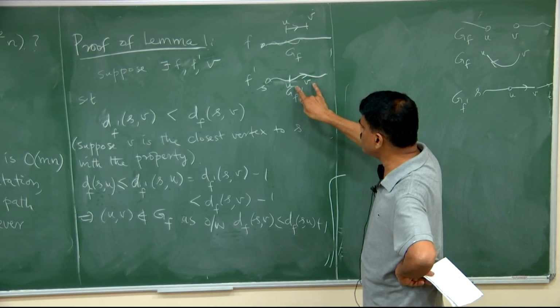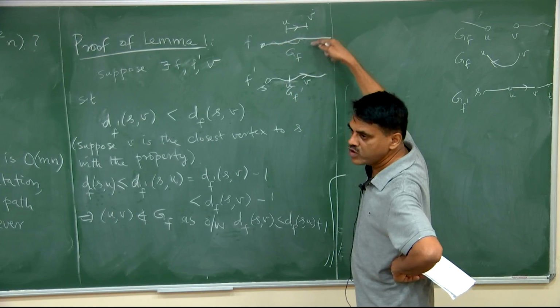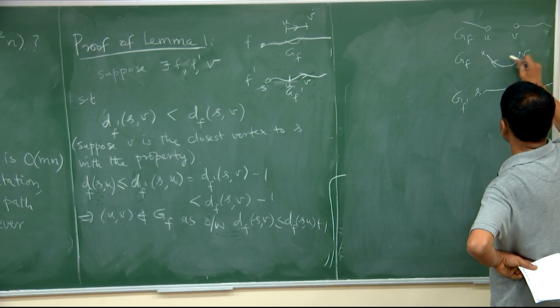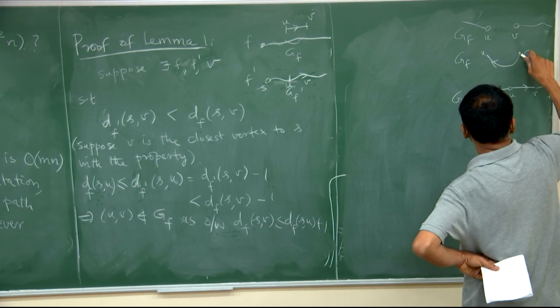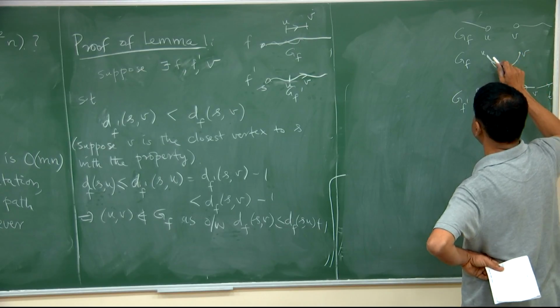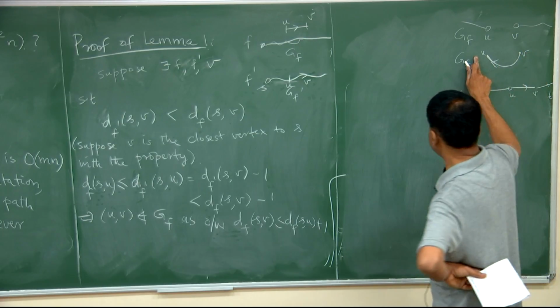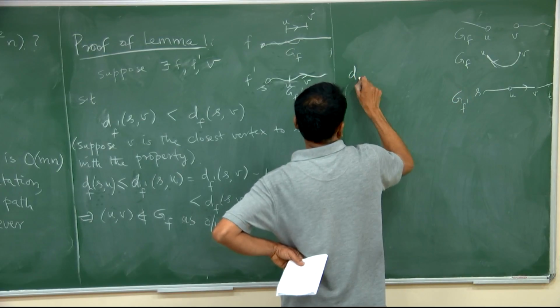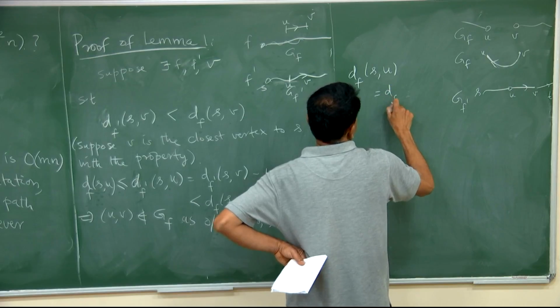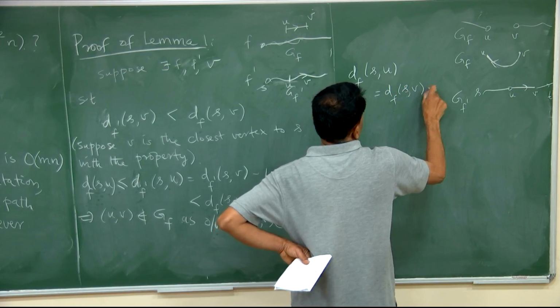So how did UV come here? That means in this flow, in the augmentation, VU was there in GF, right? So that means you sent some flow through this. That means that this was part of the shortest path from S to T. So the distance in F from S to U is equal to distance from S to V plus 1.